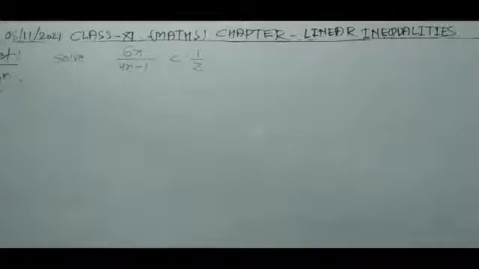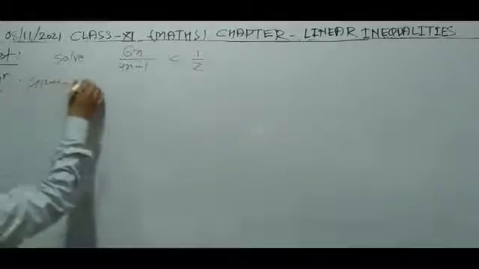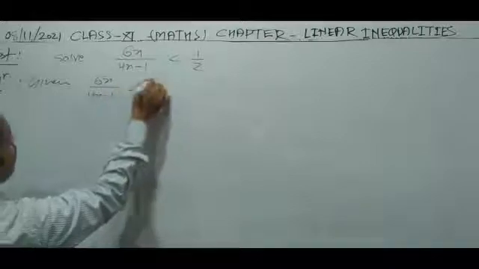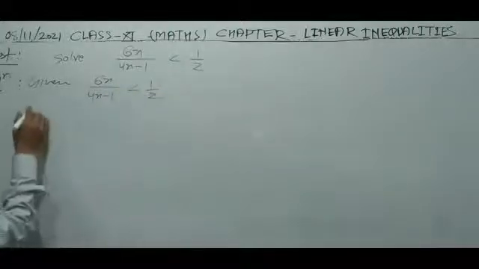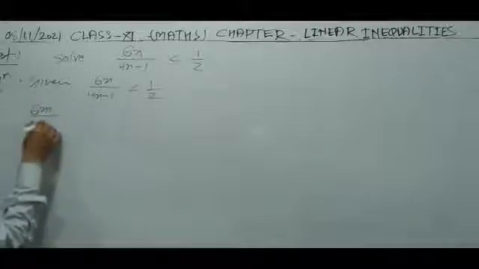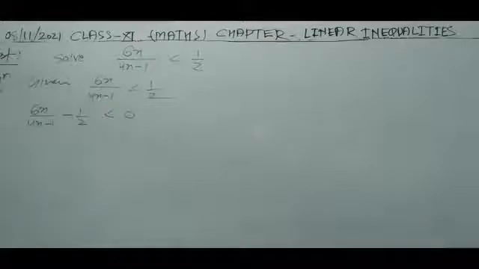So now we can simplify easily. Given 6x upon 4x minus 1 is less than 1 by 2 means 6x upon 4x minus 1 minus 1 by 2 is less than 0.